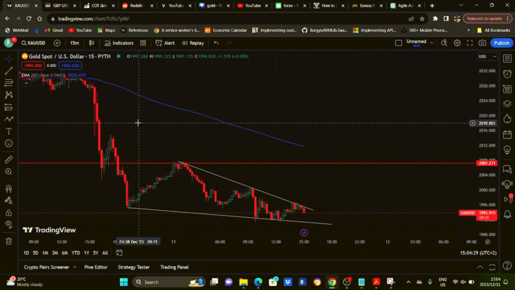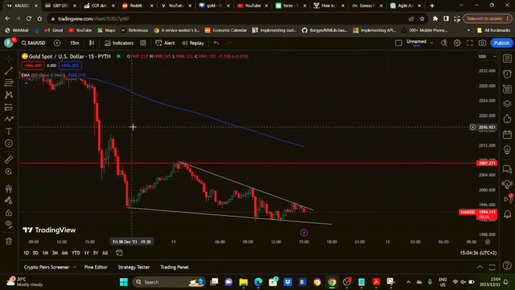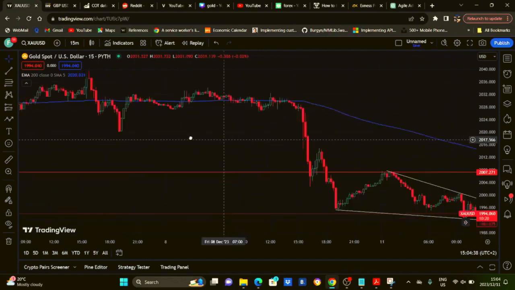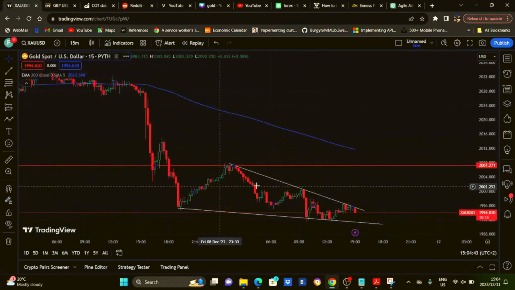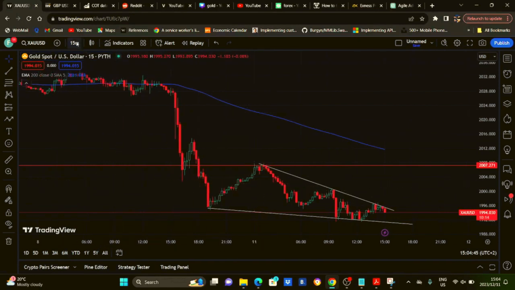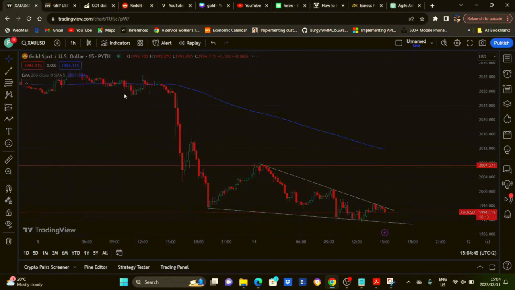This is a wedge, and it can go either way, but normally when it's facing down, it means an opposite direction. So I just want to see if normally this kind of pattern happens in resistance or support areas. Right, let's see what 1 hour has for us.